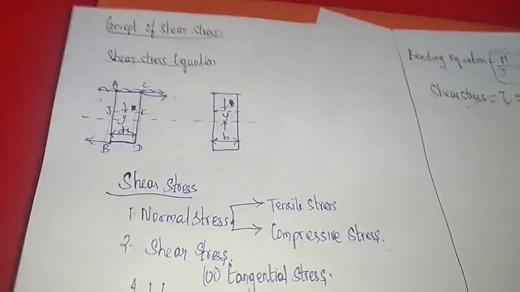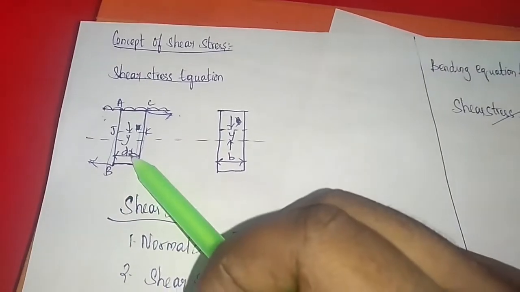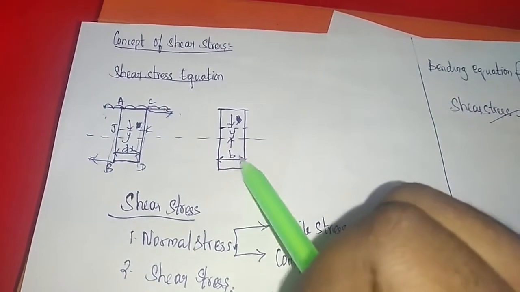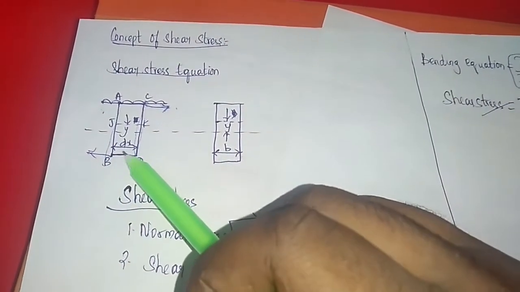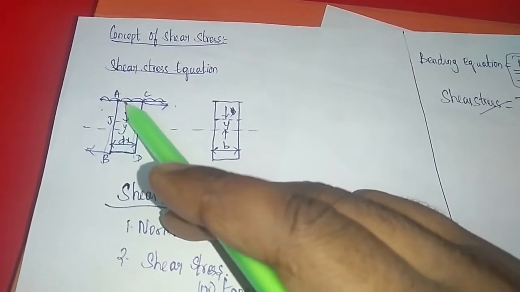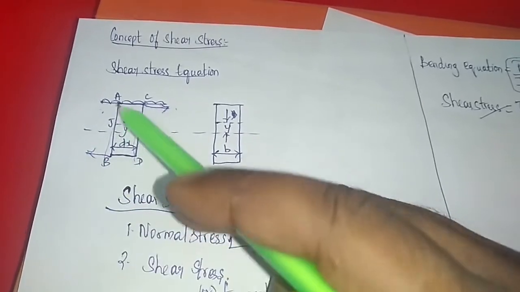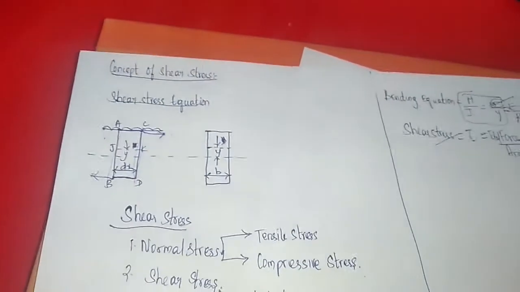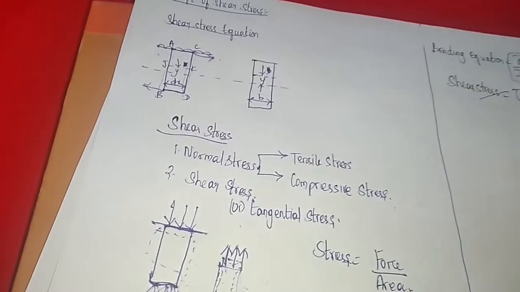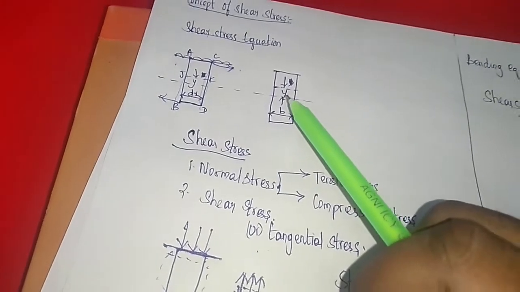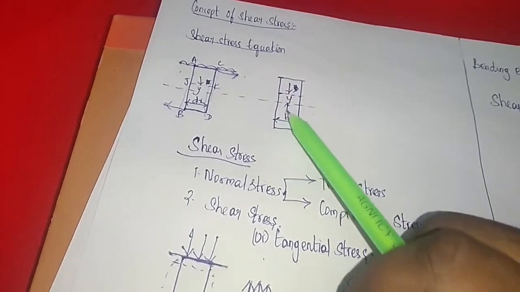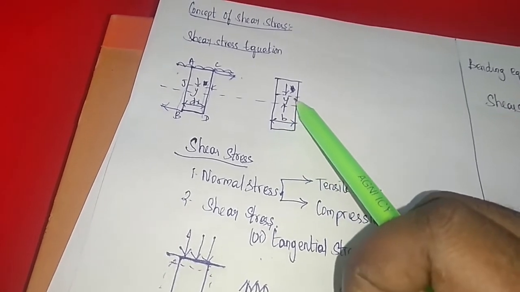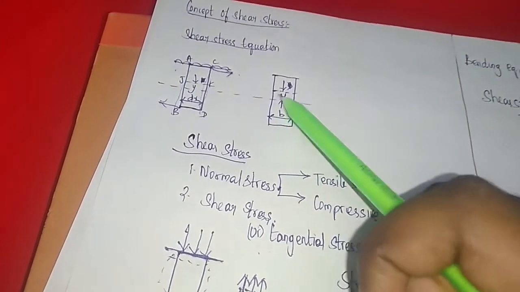So you know the breadth of the beam is b and the thickness of the beam is dx, and we are going to find the forces on AB and the forces on the side CD. Okay, right. The strip is at a distance of y from the neutral axis. From the neutral axis to the strip, the distance is y. Keep it in your mind.